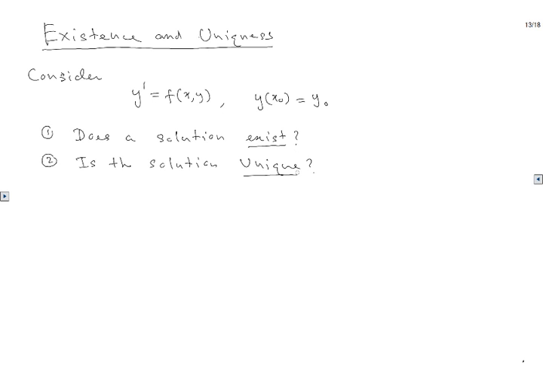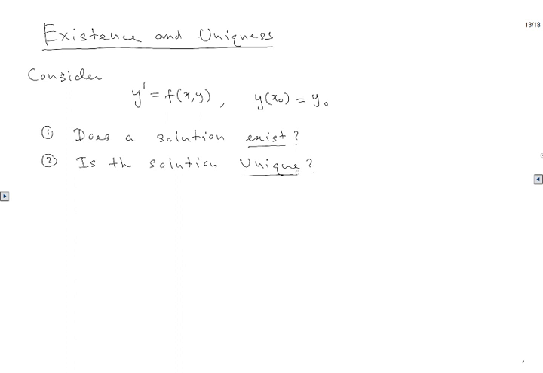And then there's another question. What's the other question? It is uniqueness. Why is uniqueness important? Later we're going to talk about numerical solutions. There are a lot of differential equations that you cannot solve, so in that case you need to find a numerical technique or an approximation.